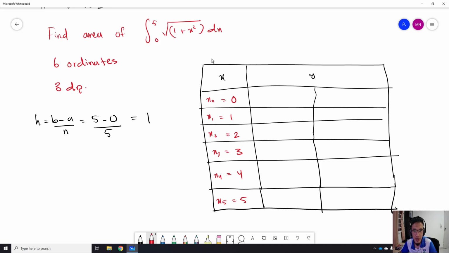For this one I just give a small recap: x equals a plus nh. You can use this formula.